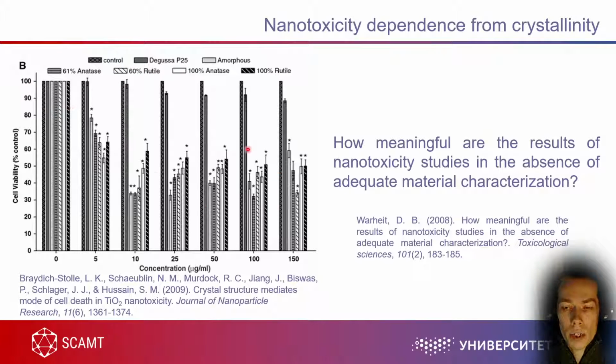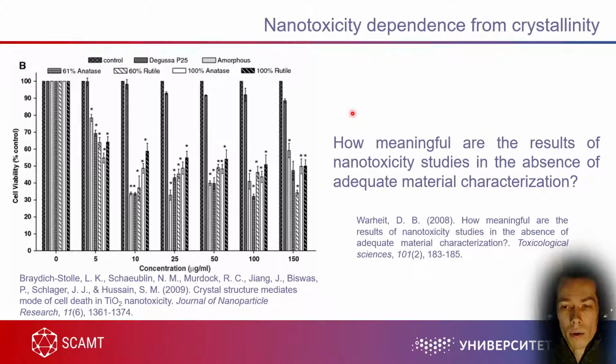But if we look at this histogram, we will see that different crystal structures have different impact on toxicity of these particles. Now, maybe the difference is not that high for some concentrations, for example, amorphous phase and crystalline phase, like 100% rutile, but still there's some difference, maybe like 20%.